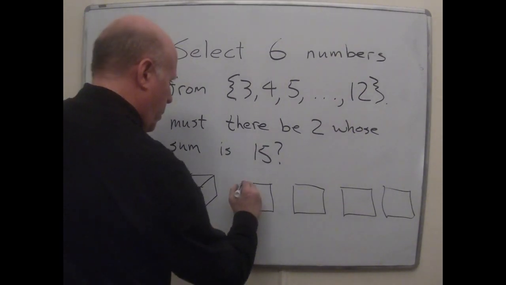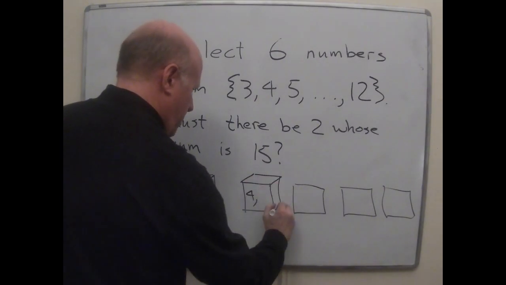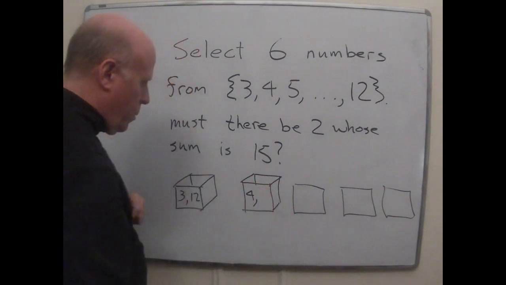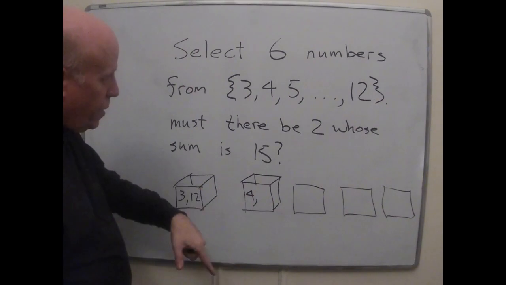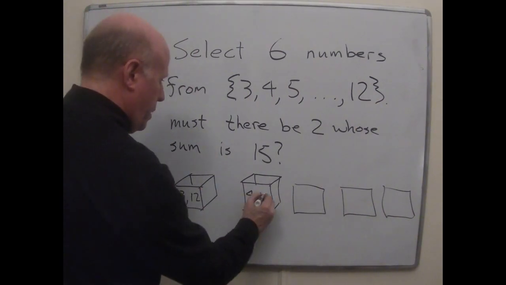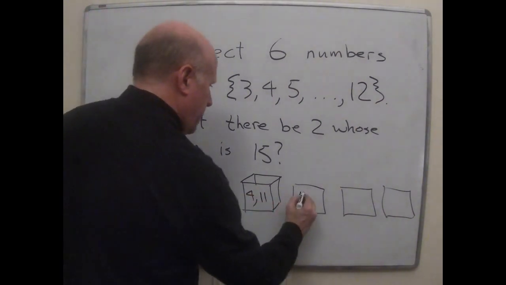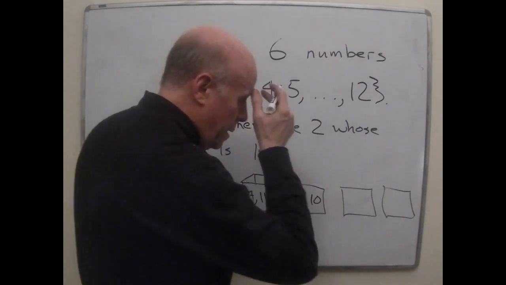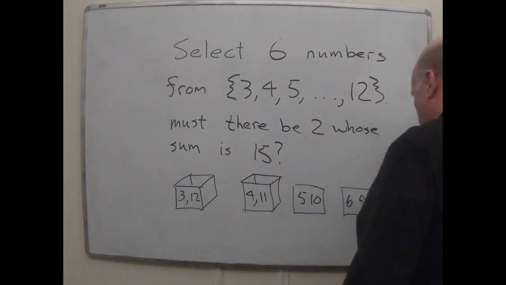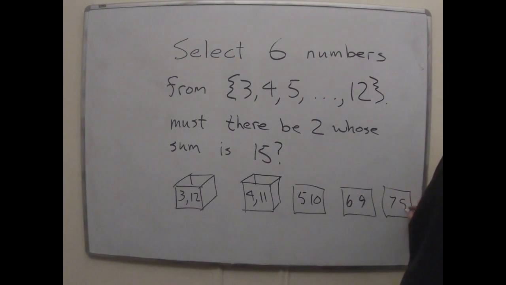4 and some other number will go into the second box. Now I'm feeling like I want to sketch the box anyway. What's the second number? I want there to be 4 and something that'll add up to 15. Oh yeah, 4 and 11. And then 5 and 10. And then 6 and 9. And finally 7 and 8.